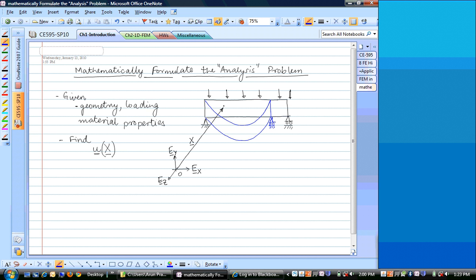The point that was originally at this location X will move to a new location. Let me call that location small x, and let me denote that vector with this blue line.